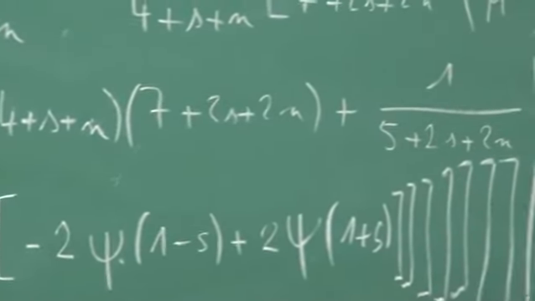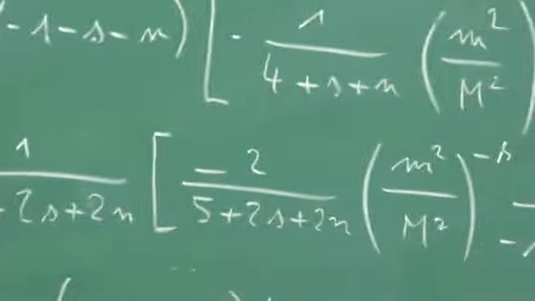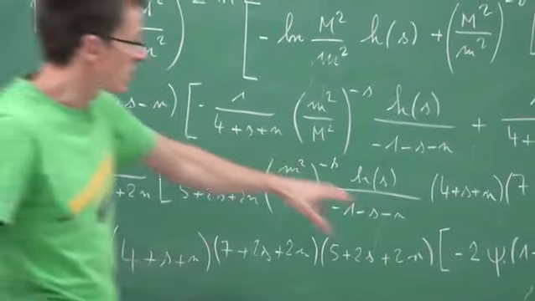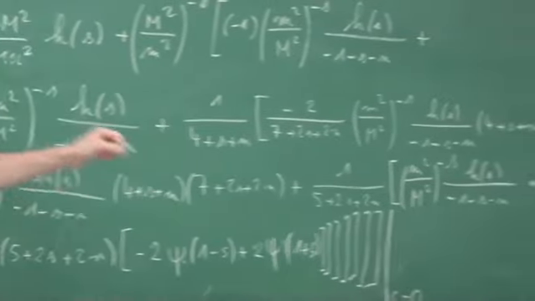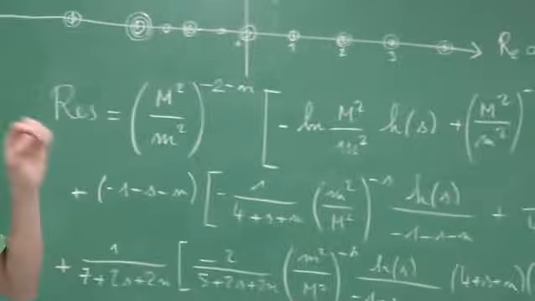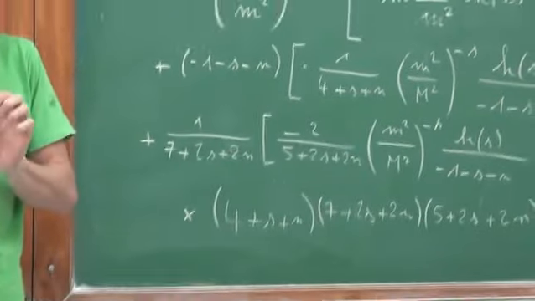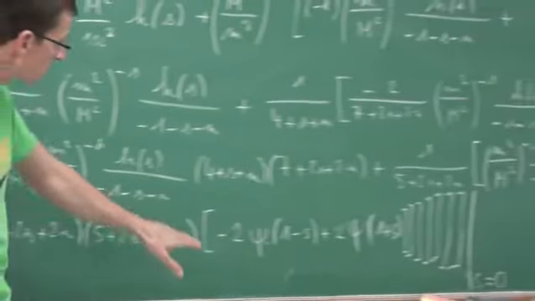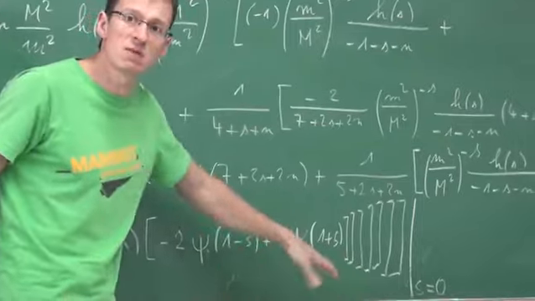But here we see that it's complicated: we have to take s equals 0 everywhere, and then sum over n from n equals 0 to plus infinity. So you see that this kind of thing may be tricky.